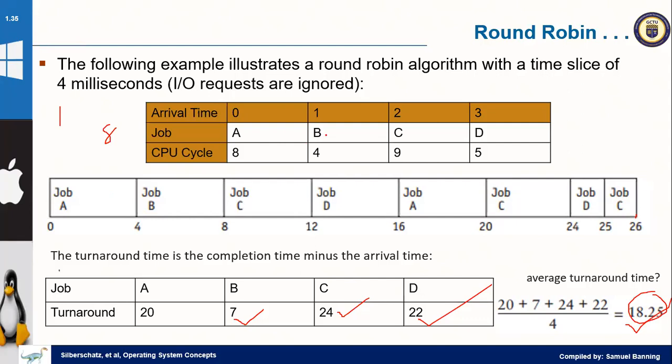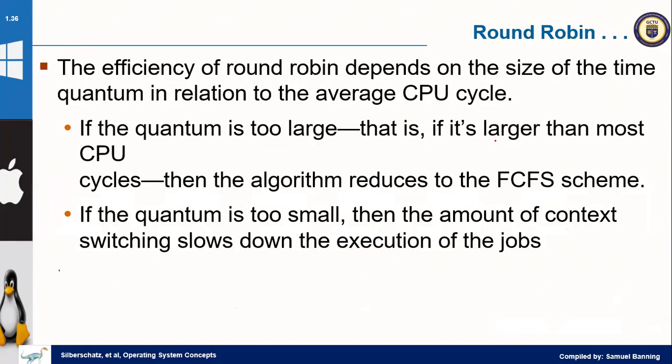If B is given the CPU, it will complete. It's only C that will not complete, to be left with 1 CPU cycle. D is given the CPU, it will complete. So if the time quantum is too large, you are simply implementing the first come, first serve under the guise of the round robin. I hope that is clear, please.